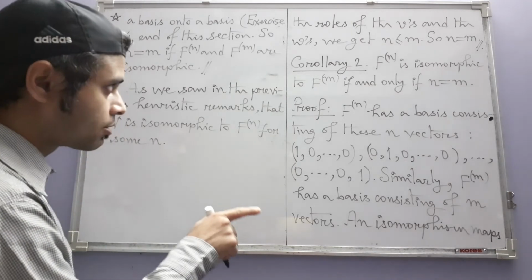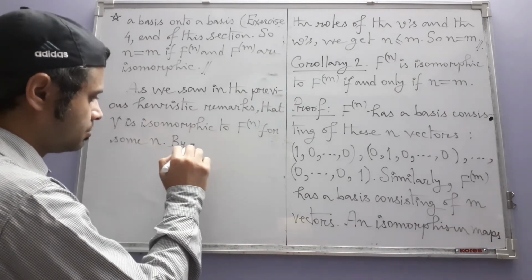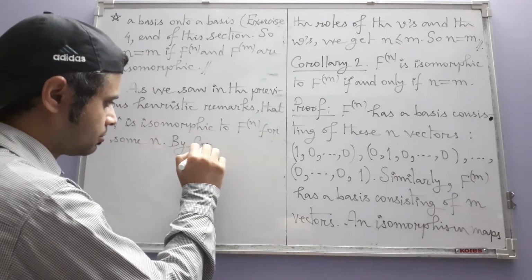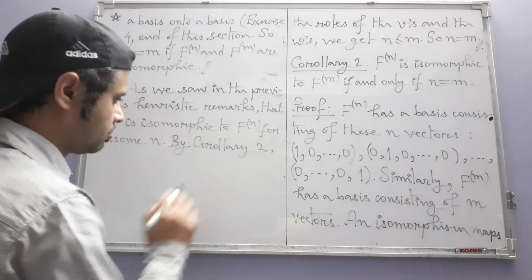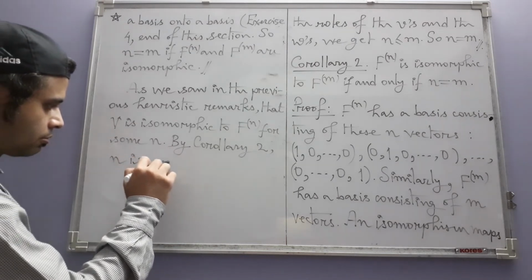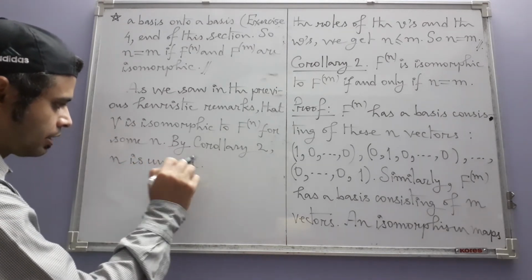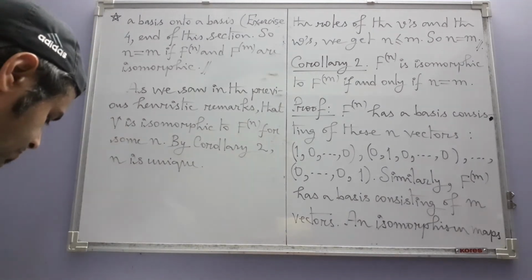Now by this corollary 2, this n is unique. And this n is defined to be the dimension of V.